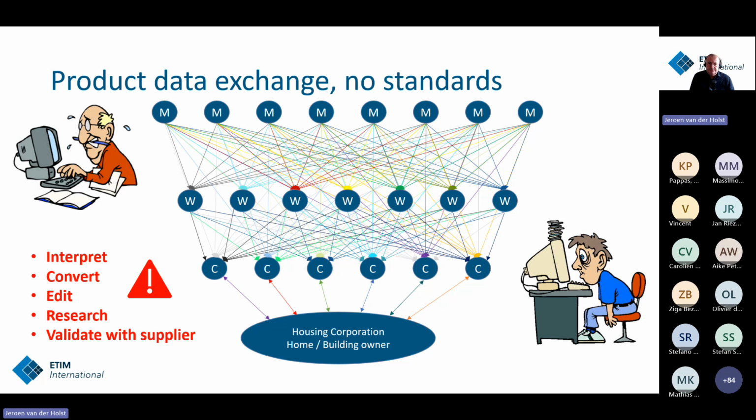And data managers end up converting, editing, manually entering data, calling up suppliers to validate information, and they constantly need to fact-check technical features. And this situation is setting us up for failure cost and inefficient work. And the manufacturer has no control over the product information that is shared and used further up the chain.